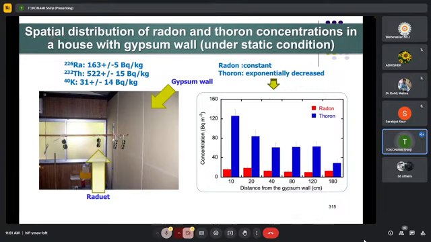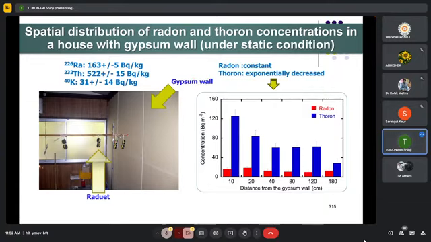We checked the performance of Raduet. We checked the spatial distribution of radon and thoron concentration in a model room with a gypsum wall under static conditions, not an actual house. This gypsum contains relatively high activity: radium-226, 163, and thorium-232, 522 becquerel per kilogram.